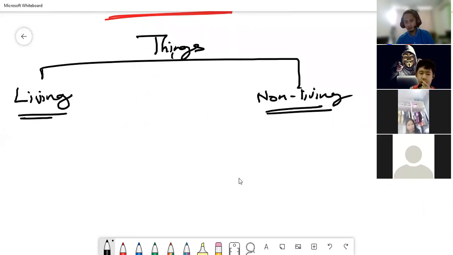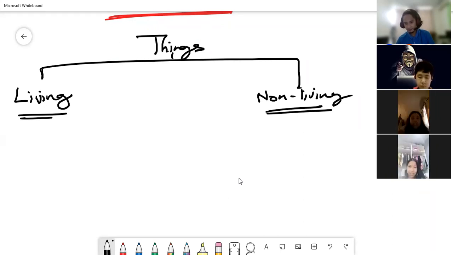Maika, give me an example of non-living things. Table. Is that a question? Non-living things? You don't know non-living things?